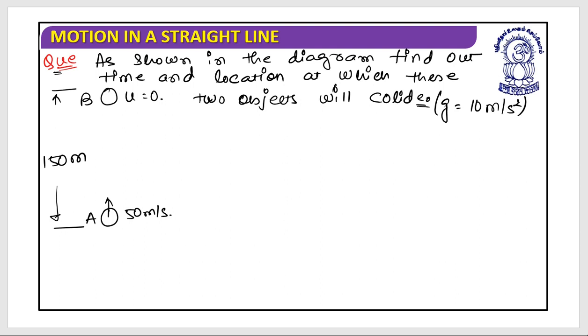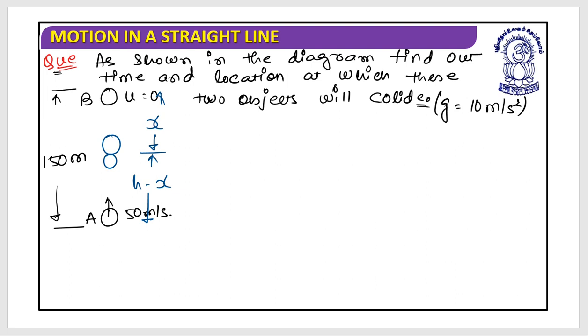So what can I do? Let's assume that these two objects will meet at this location, and let's suppose that this is the distance x, and if it is distance x, this is h minus x. Let me derive this with common variables, so that even if the question is asked with different data, you can do it.